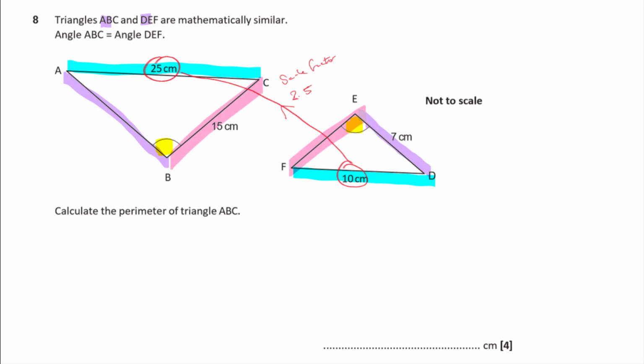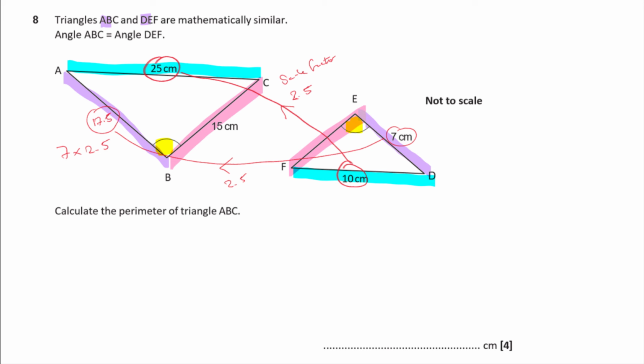So that's going to be true of any side matching from one similar shape to the other. So if I take that 7 and I go over here, that is also going to be multiplied by 2.5, isn't it? So this one up here is going to be 7 times 2.5. What's that? 2 7s are 14 and half a 7 is 3.5. So that's 17.5. Okay, so that one's going to have to be 17.5.